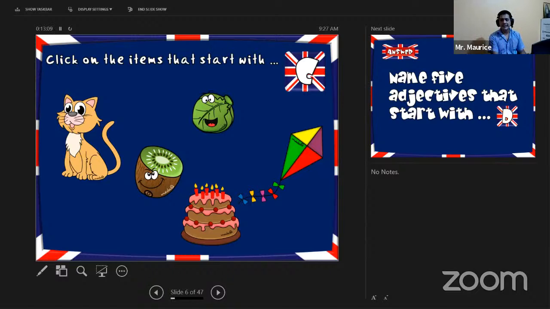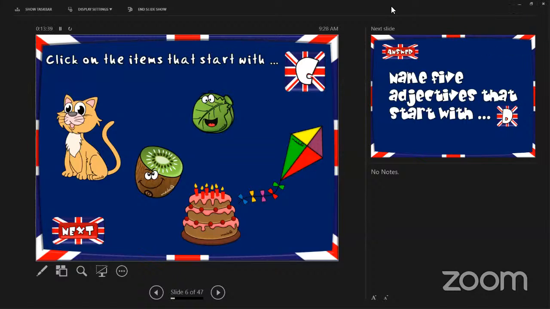In the letter C, let's see which of these objects start with the letter C. For this activity, I will need a volunteer. Alguien que no haya participado hasta ahora. Vamos a ver. Tenemos a Jocelyn. Good morning, Jocelyn.